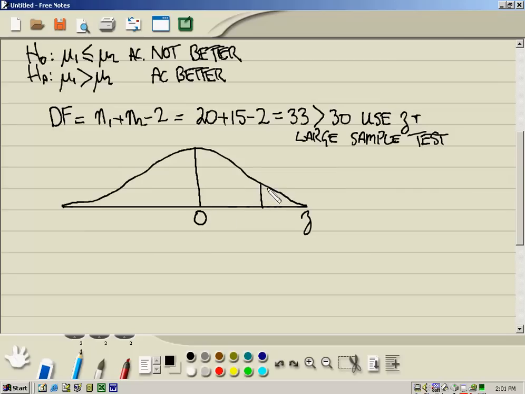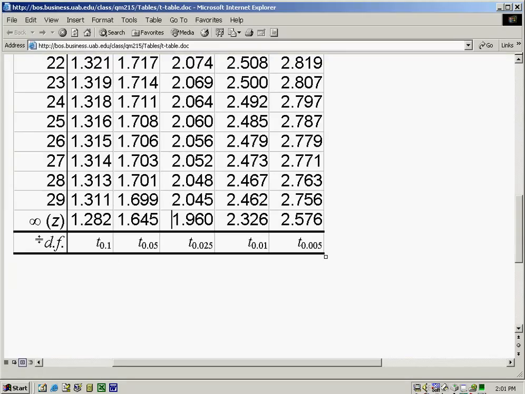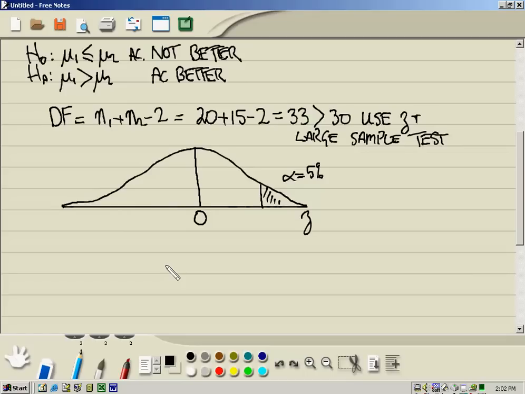It's an upper tail test with an alpha of 5%, so the 5% goes in that upper tail. So now let's go to the Z table, T tables, and find the critical Z value. One tail, 5%. Alright, Z is the last row here. 5% is 1.645. We have an upper tail test, so this is a positive 1.645.